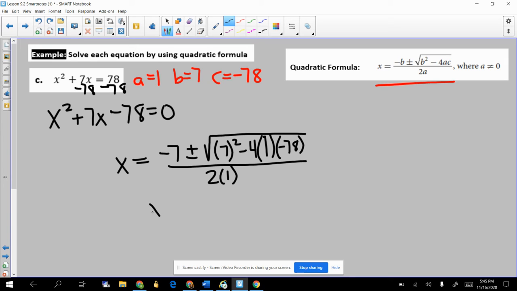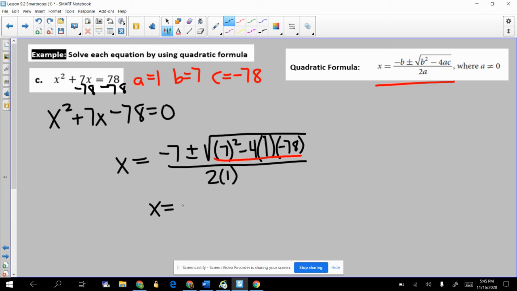So again, let's go ahead and simplify here. So you want to do what's underneath the radical first. So in your calculator, parentheses 7 squared minus 4 times 1 times negative 78. And you should be getting 361.